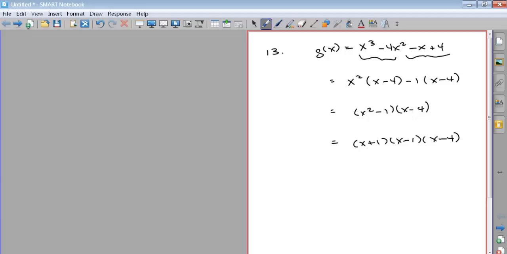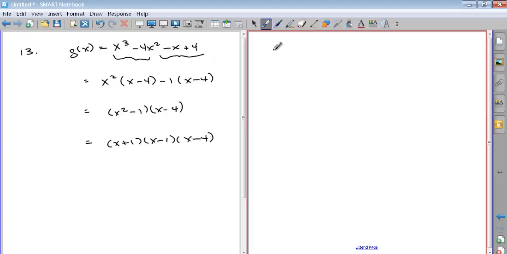Now the other way you could do it, if you didn't recognize that, is to think about what my possible real zeros are. You look at the factors of the leading coefficient, 1, which gives plus or minus 1. For the last number, you get plus or minus 1, plus or minus 2, plus or minus 4.